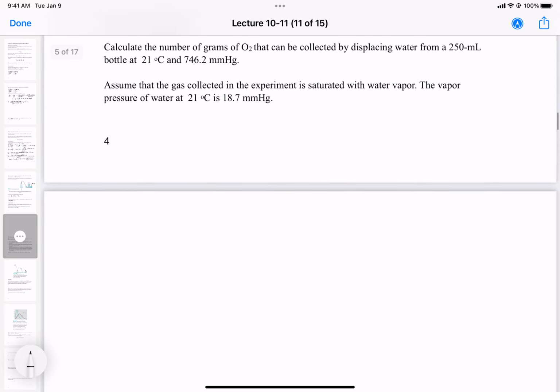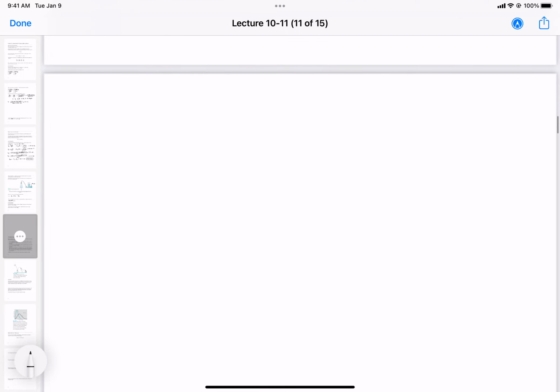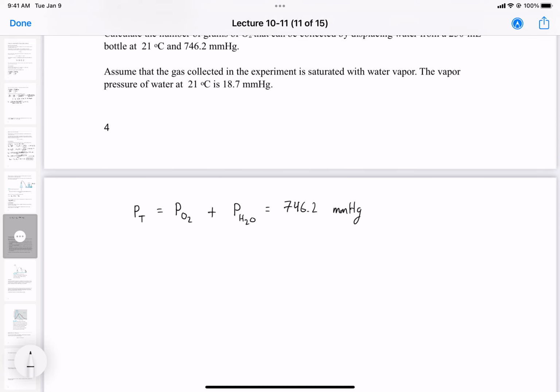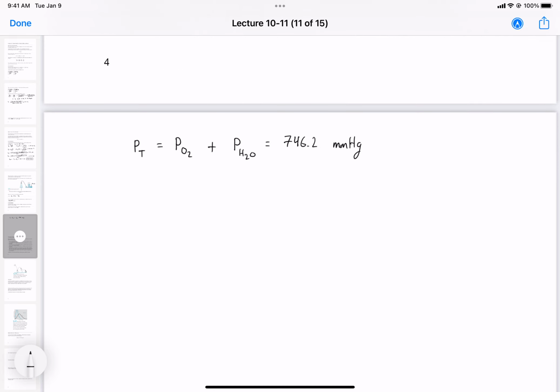So what this means is that our total pressure equals the pressure of oxygen plus the partial pressure of the water vapor, and that's going to equal the total pressure that we observe, 746.2 millimeters of mercury. We know the water vapor pressure is given to us as 18.7 millimeters of mercury, so we can solve for the pressure of oxygen directly.